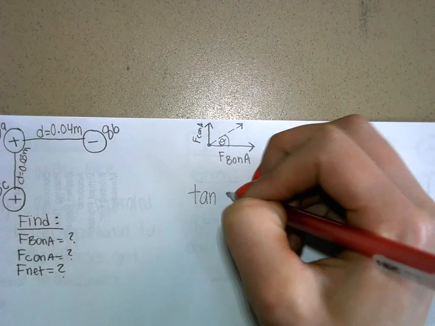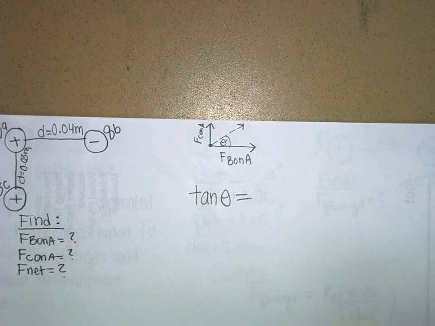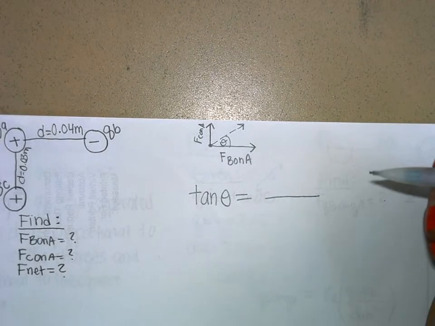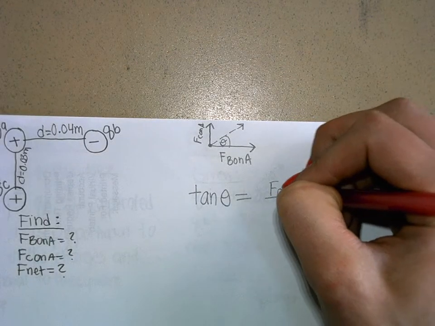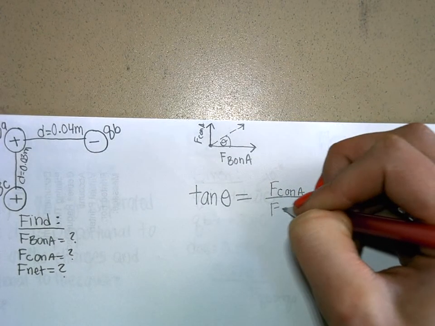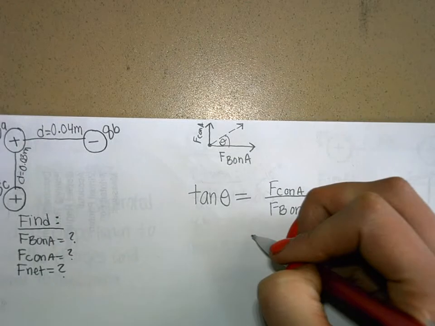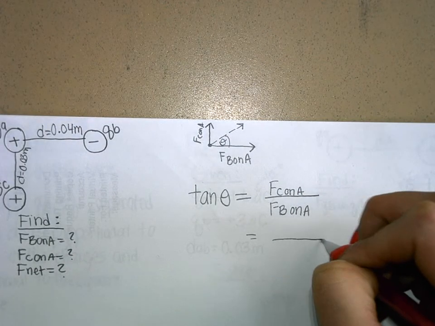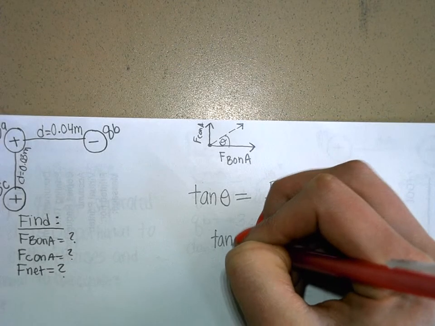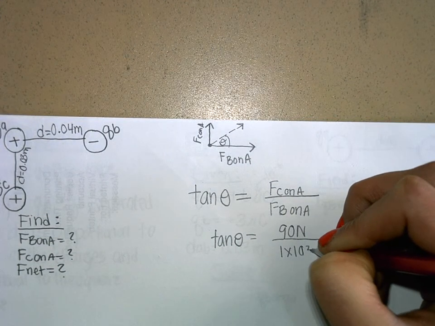So we can say that the tangent of theta, if you remember SOHCAHTOA, opposite over adjacent, we can use this formula, which is just the force of charge C on charge A over the force of charge B on charge A to find that angle. So when you plug in your numbers, it's just 90 newtons over 1 times 10 to the 2nd newtons.